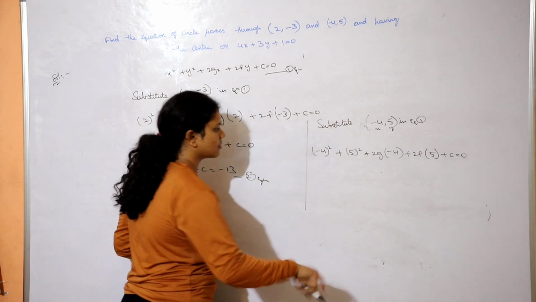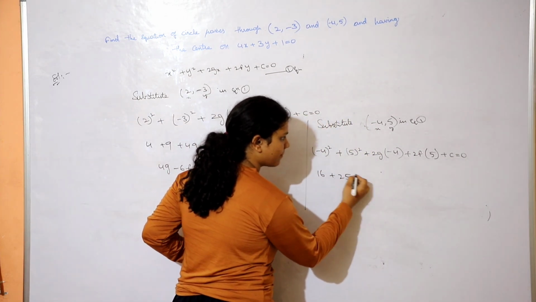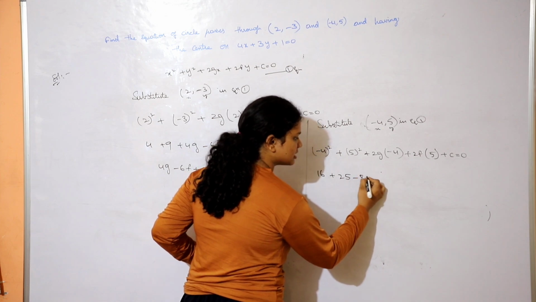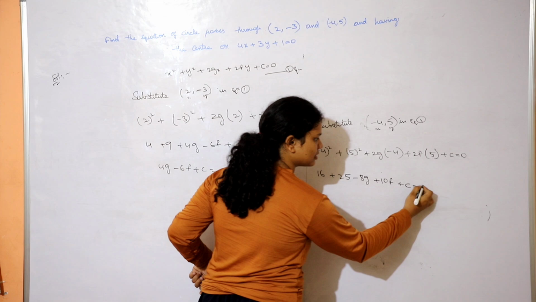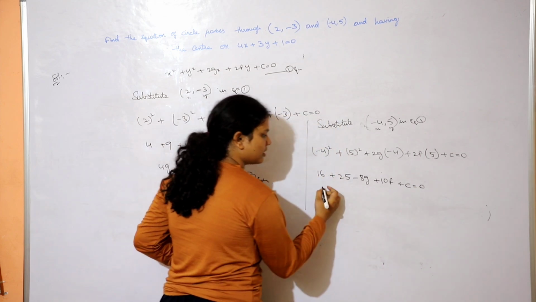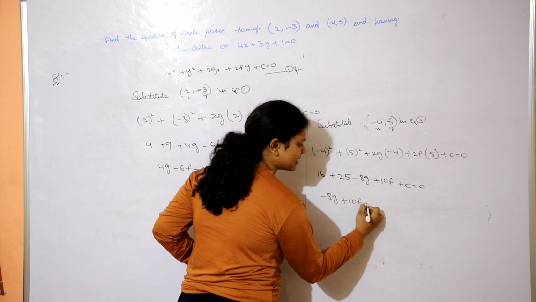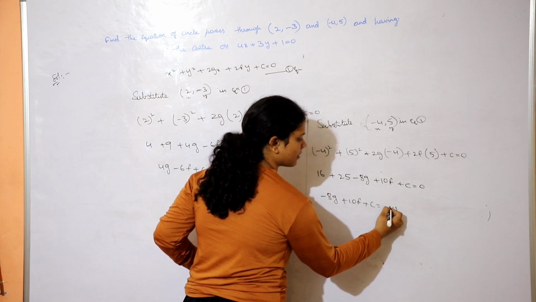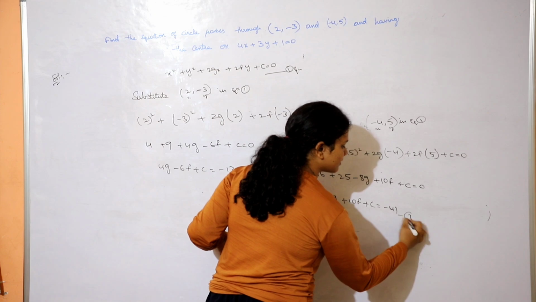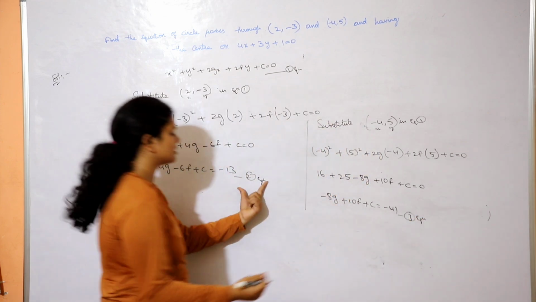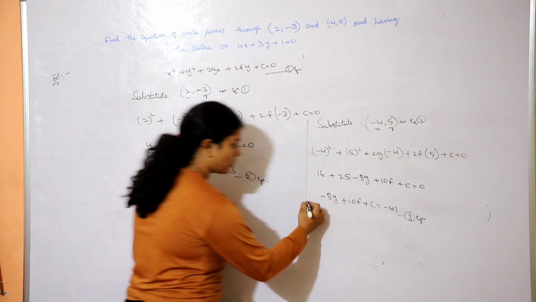Clear? So 16 plus 25 minus 8g plus 10f plus c equals 0. Simplifying, 16 plus 25 is 41. So minus 8g plus 10f plus c equals minus 41. So here you got the third equation, equation number 3. Here I have got the second equation and here the third equation. Now guys, now what you do?